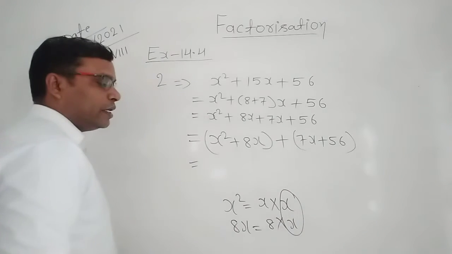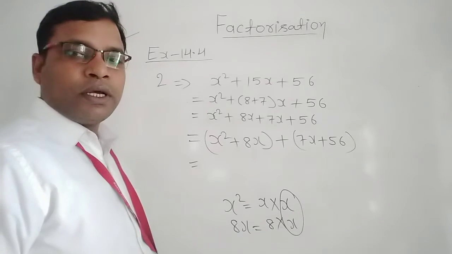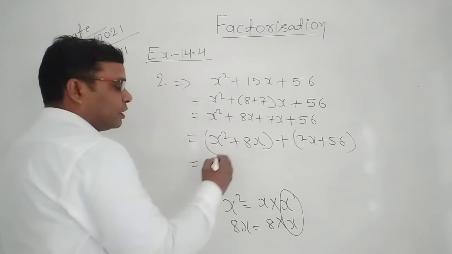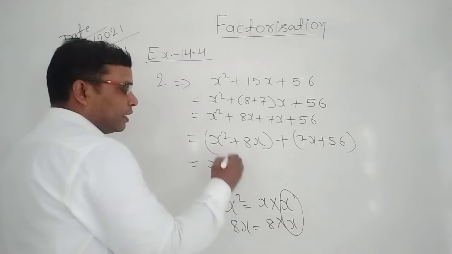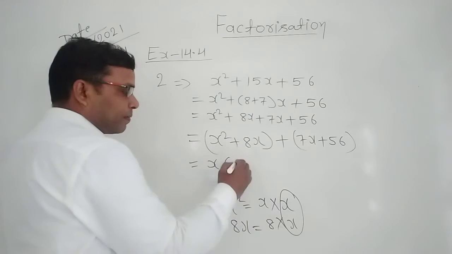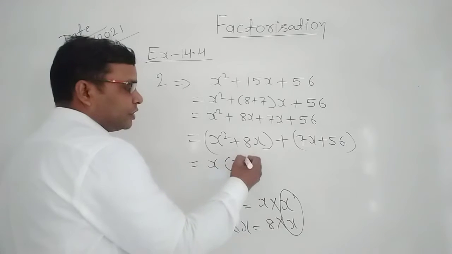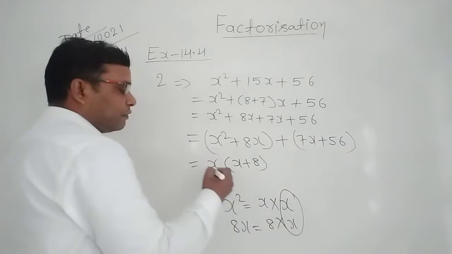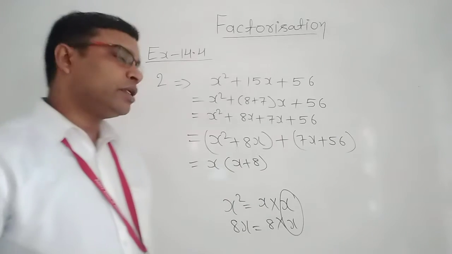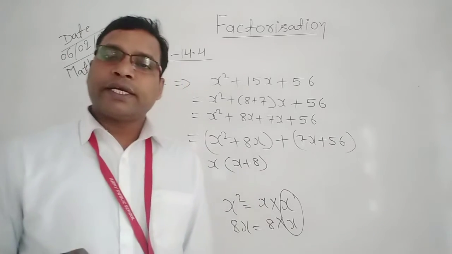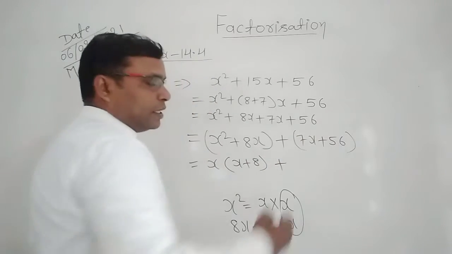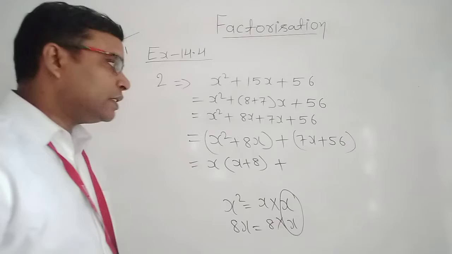So you can see here, x is common between them. So we take common x from the first group, and here we are left with x plus 8. So in the first group, if you take common x, then you get x plus 8. Now, what is the common factor in the second group?